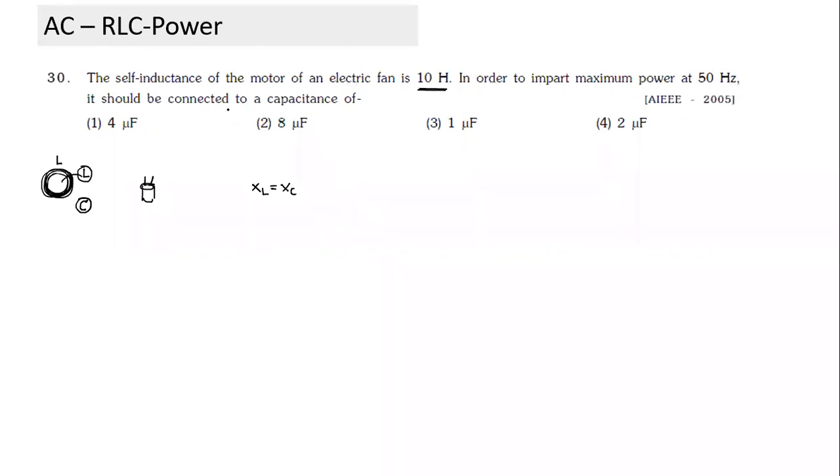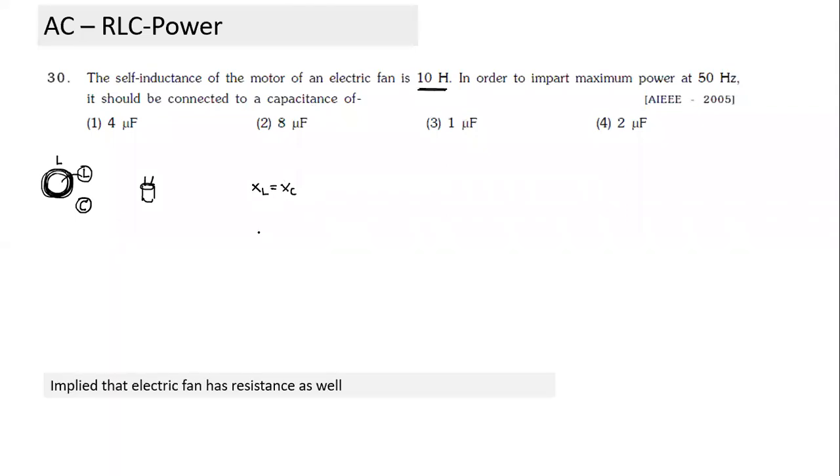We need to understand the minimum: the fan has an inductive property, and because of the inductor, to maximize power consumption I need to achieve a state of resonance. I have to make XL equal to XC. The value of capacitance to be connected is fairly simple to calculate from these two.